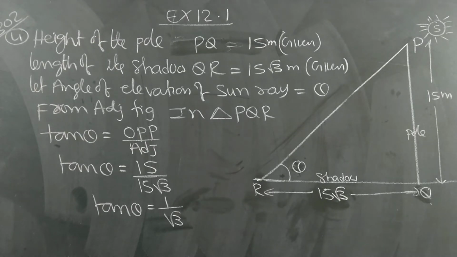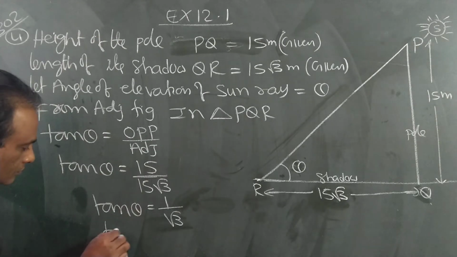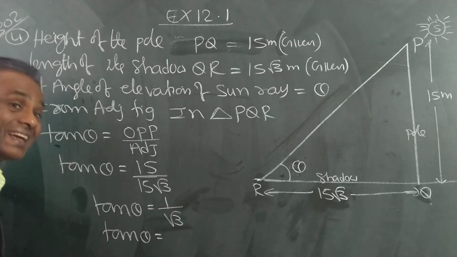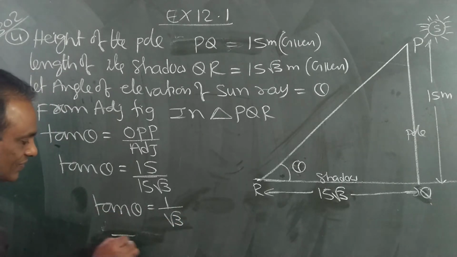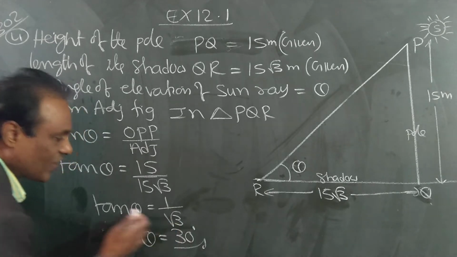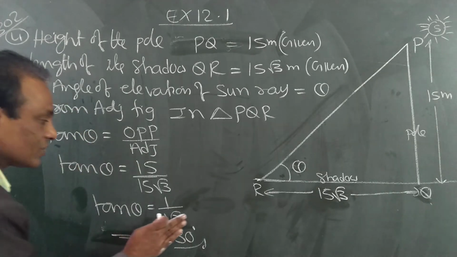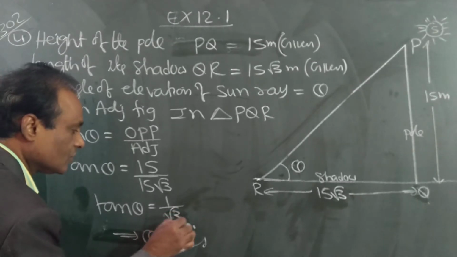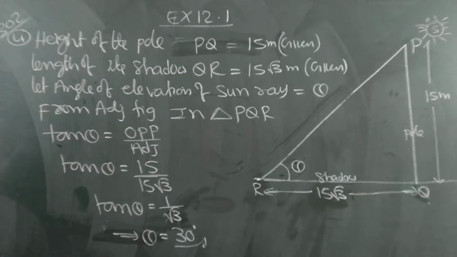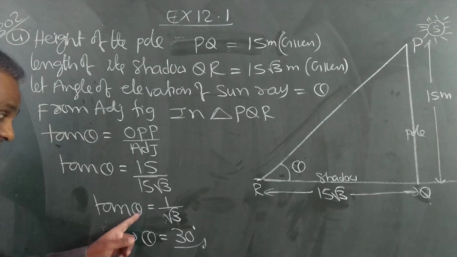Students, you have to tell. 1 by root 3 is for 30 degrees. So that means theta is 30 degrees. Tan 30 is 1 by root 3.